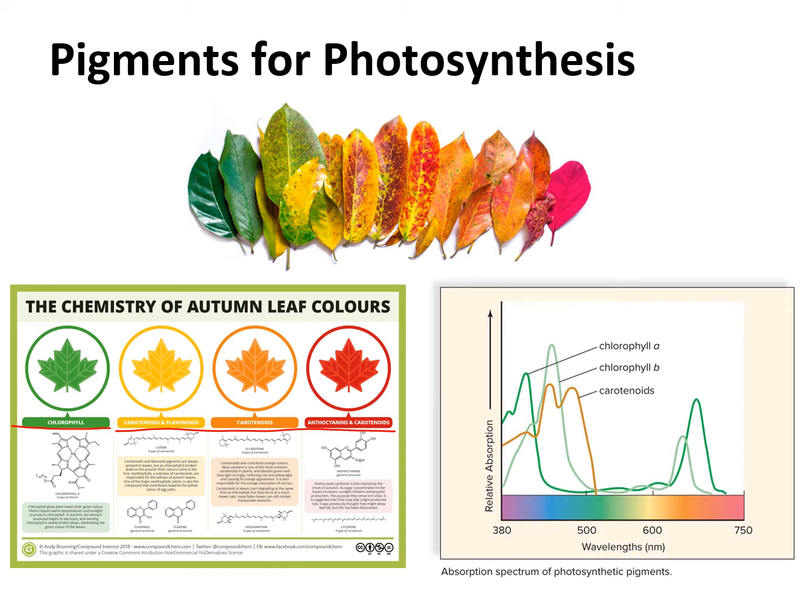This diagram shows the absorption spectrum for the different pigments involved in photosynthesis. And there are three basic types that we talk about in photosynthesis: chlorophyll A, chlorophyll B, and the carotenoids. Now, chlorophyll A and B, they appear green. And the reason they appear green is because they reflect green light.